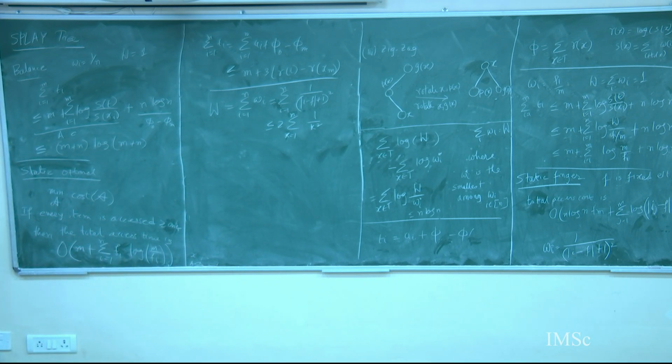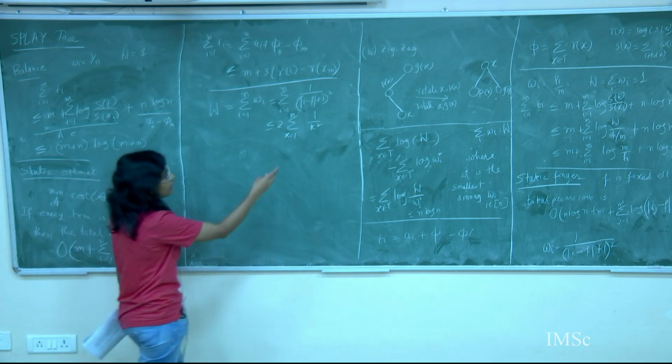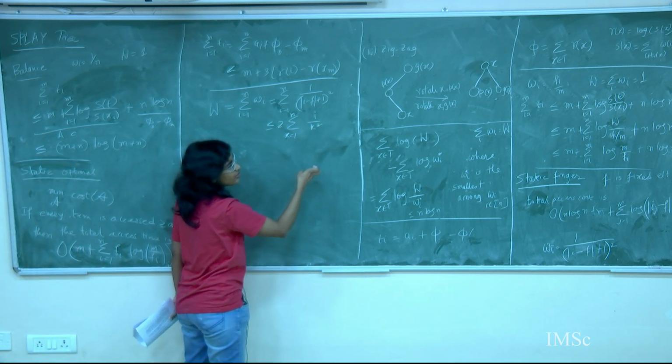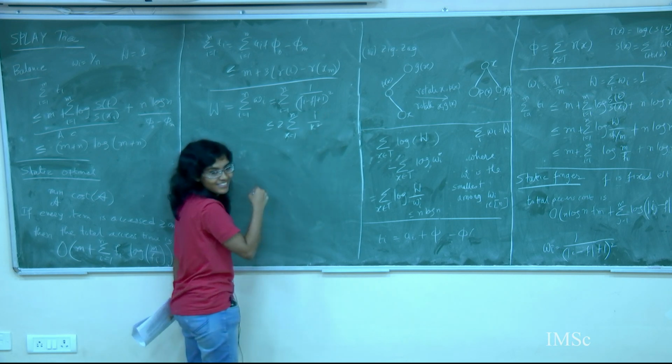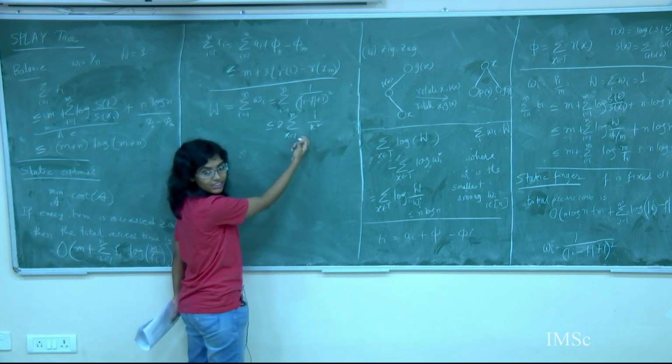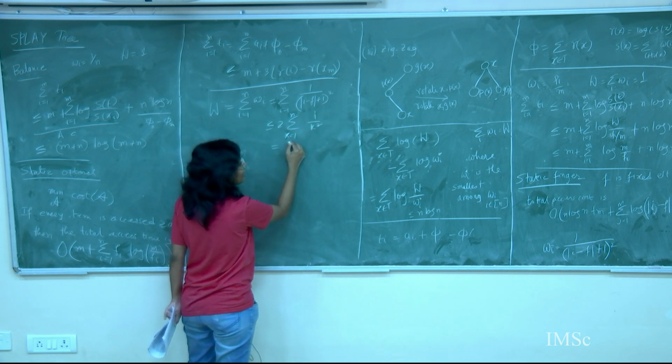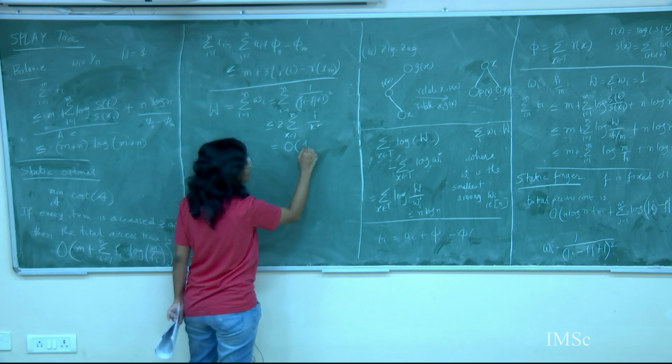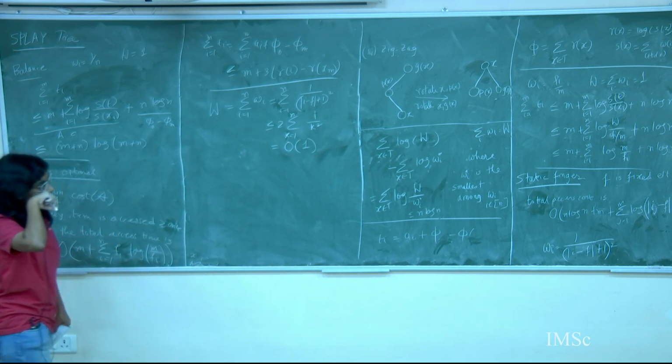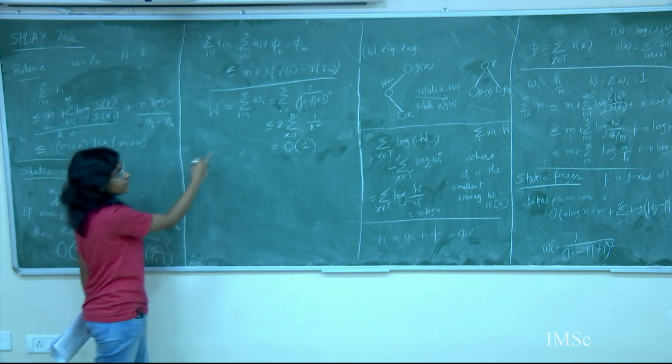What is the sum of this series? Order of 1, right? This will be constant. So W is again order of 1.